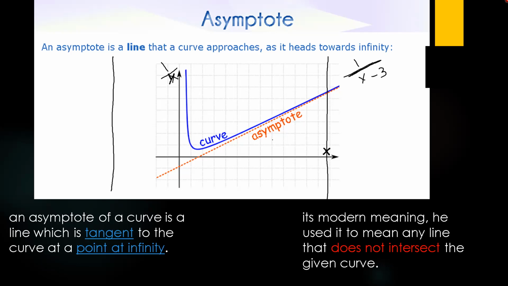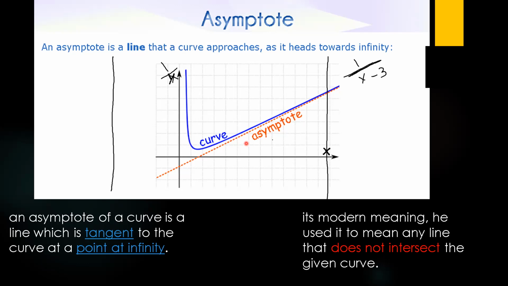In modern meaning, it means a line that does not intersect the given curve. It touches at the point of infinity. It approaches it, seems to be close to it, but it doesn't touch it.